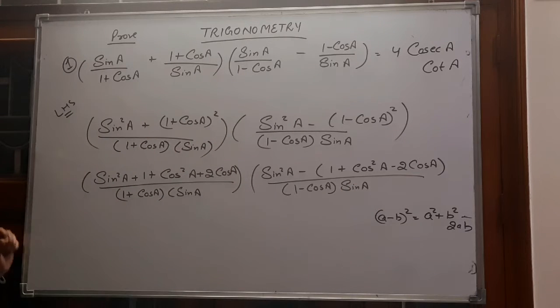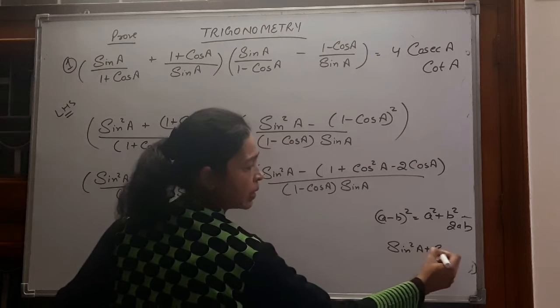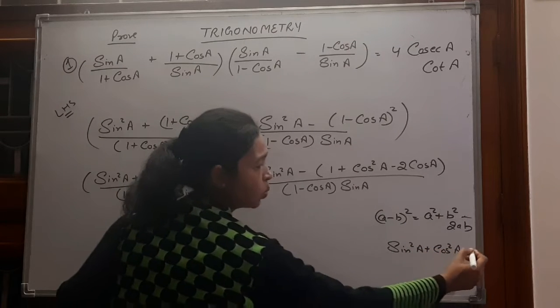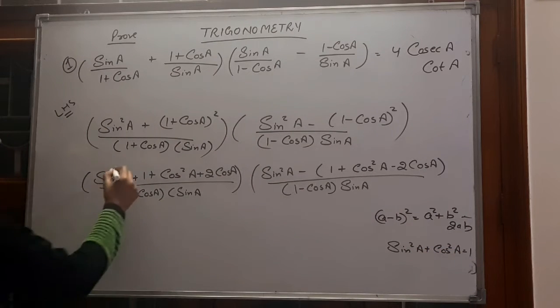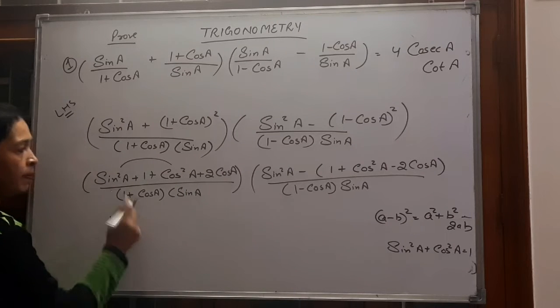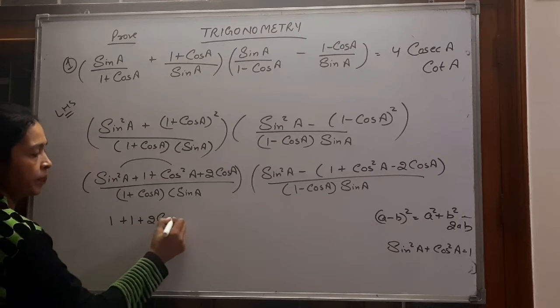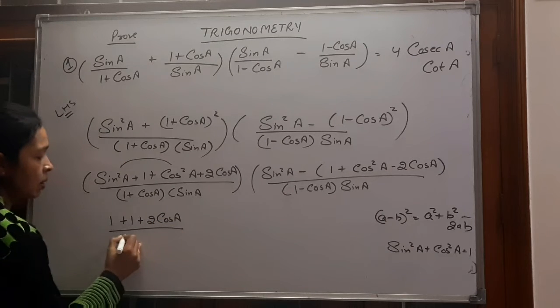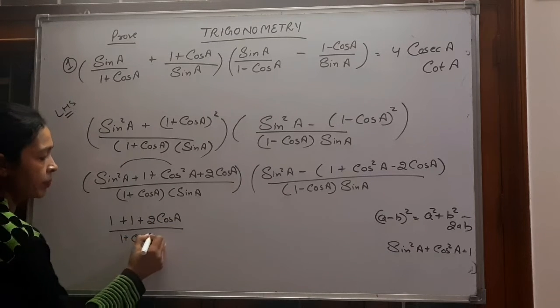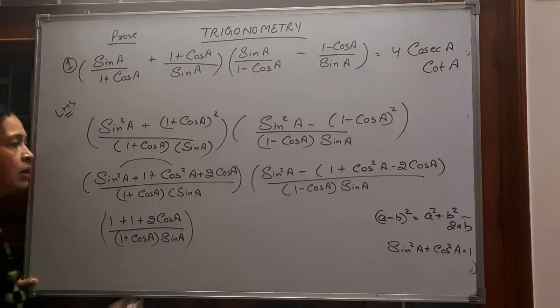Now students, we have an identity: sin square A plus cos square A is equal to 1. Taking these two, sin square A plus cos square A equals 1, plus 1 plus 2 cos A upon 1 plus cos A into sin A. Bracket close.